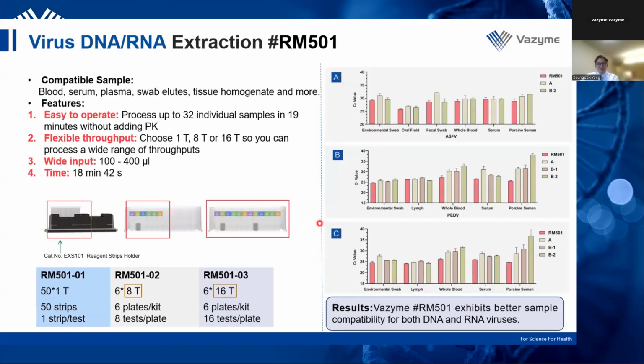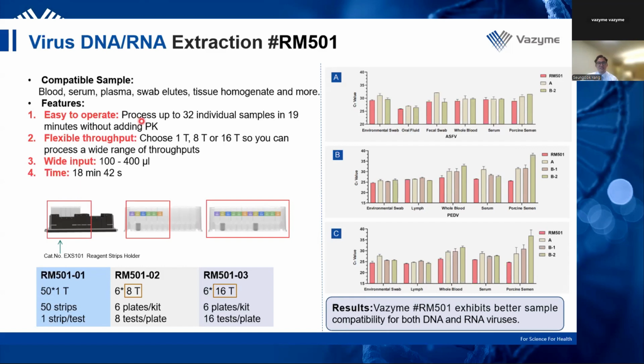And this slide introduces Vazyme's RM501, which is designed for viral DNA and RNA extractions. The compatible samples include a wide range of samples, such as blood, serum, plasma, swab, fluids, etc. And it's easy to operate, so it can process up to 32 samples in just 19 minutes.